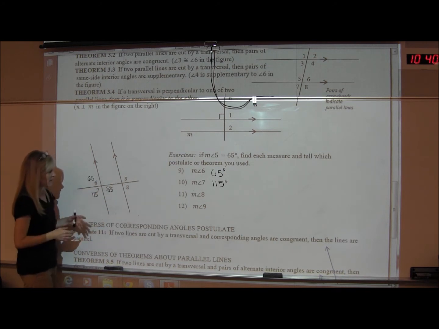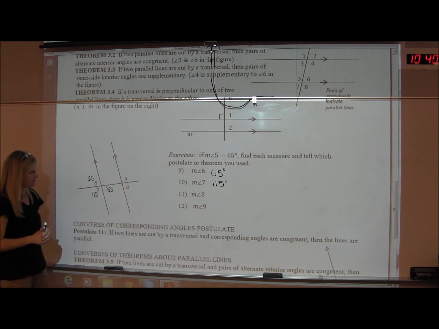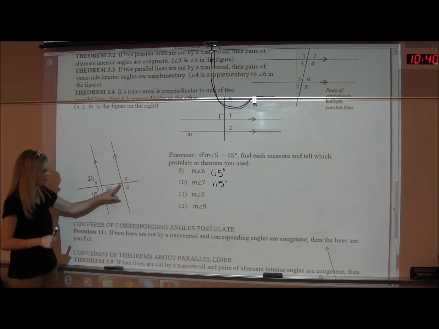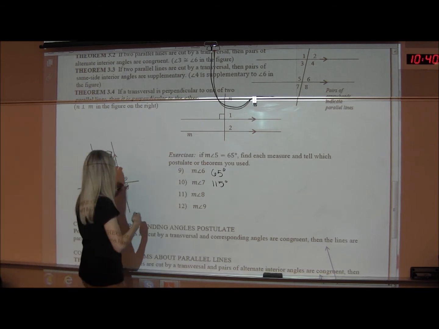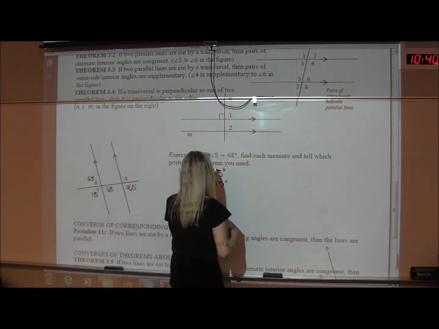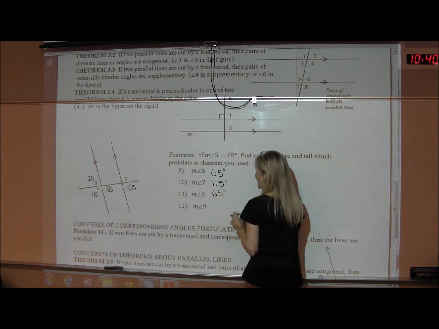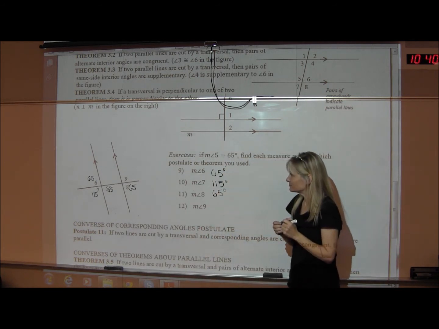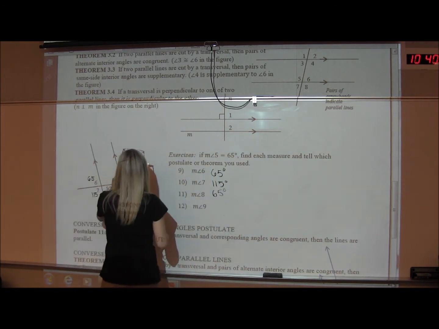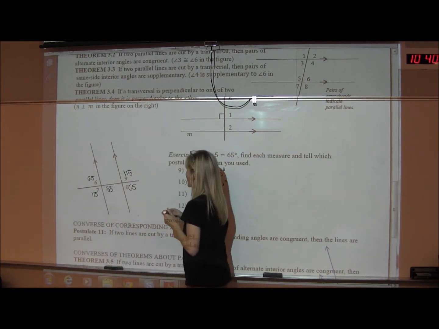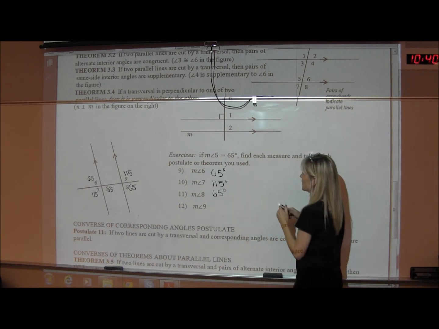So what do we know about angle 8? Wouldn't it also be 65? 65 because it's corresponding. And because of our postulate 10, corresponding angles are congruent. Excellent. Okay, now the measure of angle 9. What would that be? 115. 115 because they're supplementary.